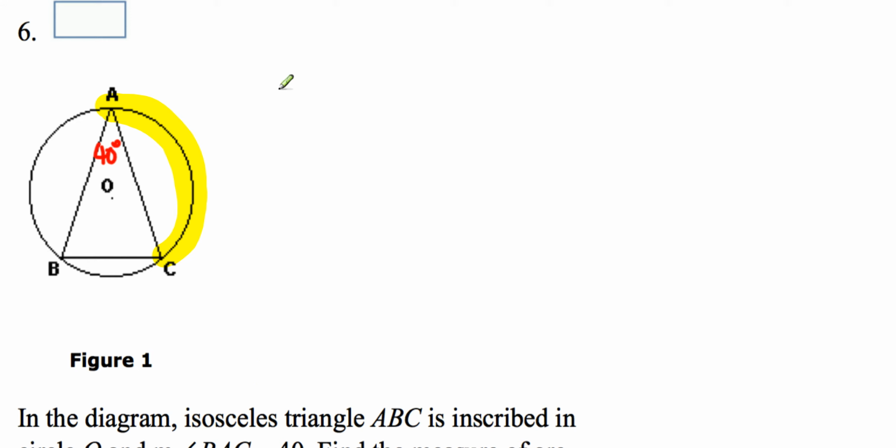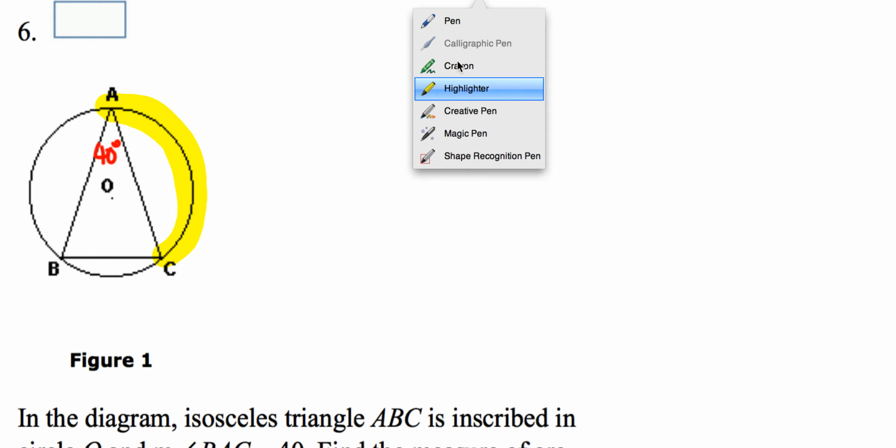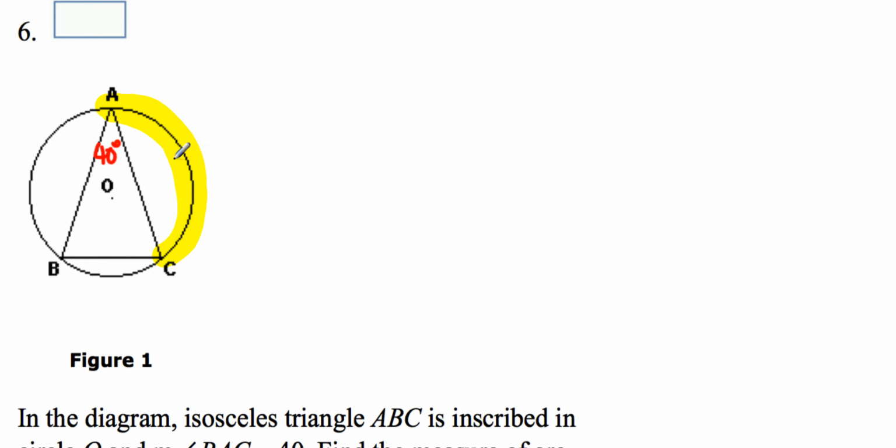But since we are looking at an isosceles triangle, this piece must be equal to this piece. And since this is 40, then its intercepted arc must be double that because the ratio is 2 to 1. So arc BC must be equal to 80. But we know that if this one is x, then this also must be x. So when you add them up, the measure around the circle would be 360.